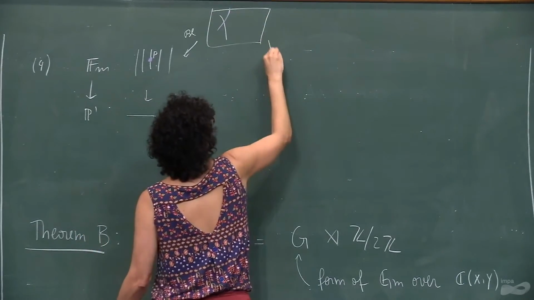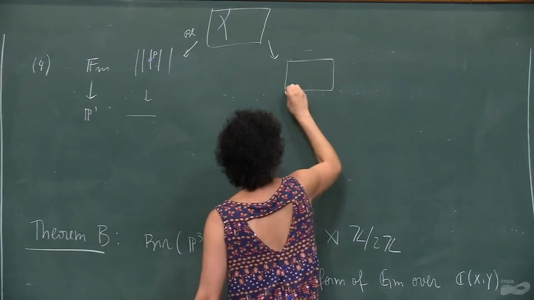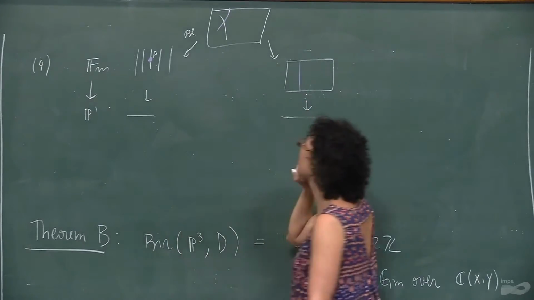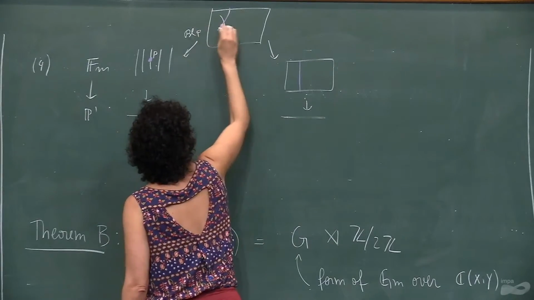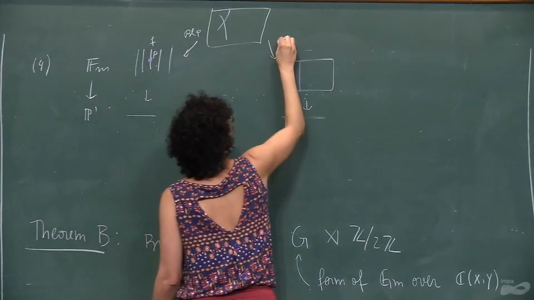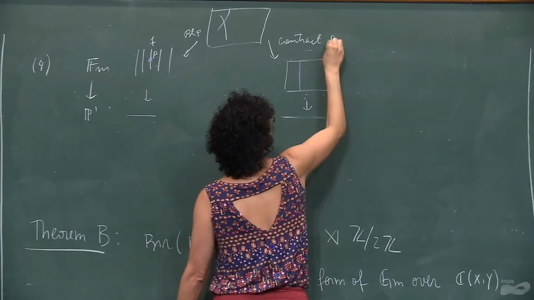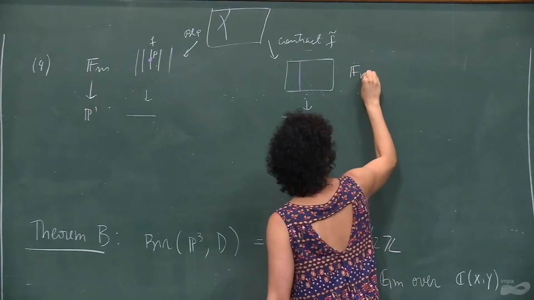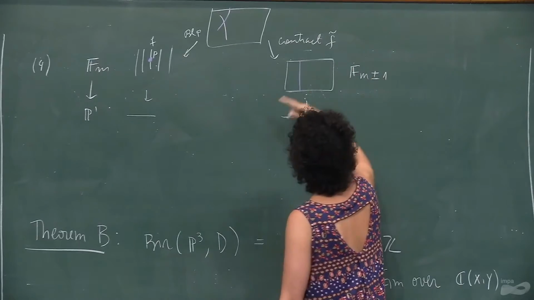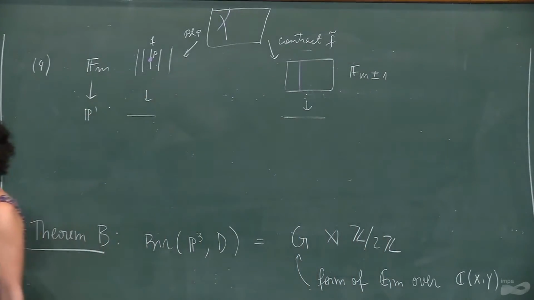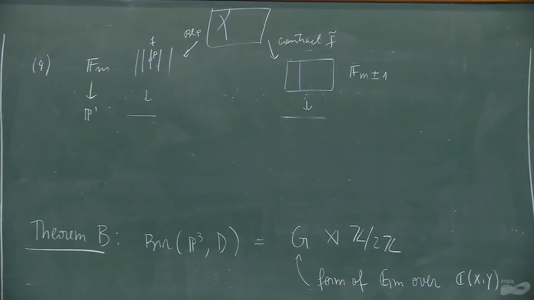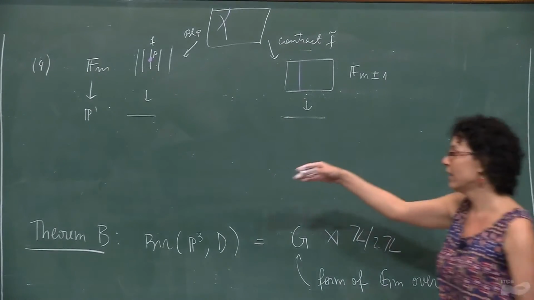But now you can contract the strict transform of the fiber, and you get a new P1 bundle. So now you blow up P and contract the strict transform of F, and then you get to another P1 bundle, and this is going to be Fm plus or minus 1, depending on whether this point is or is not in the negative section. So these are the links, and for surfaces, any Mori fiber space can be connected by these links.